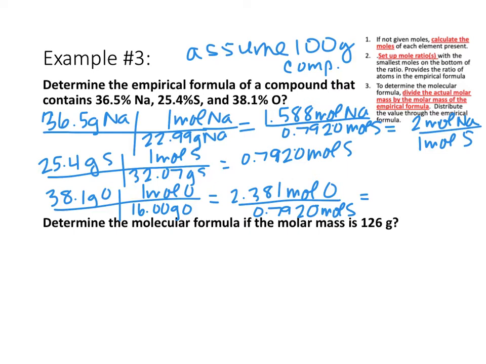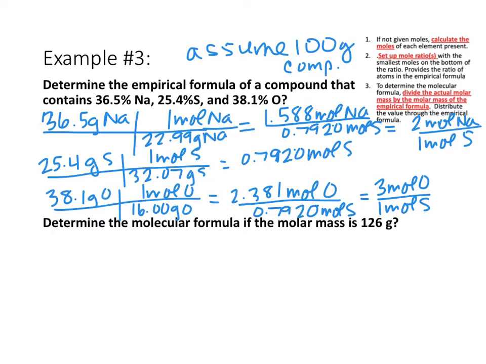All right, and now oxygen, 2.381 divided by 0.7920. And we have 3 moles of oxygen to every 1 mole of sulfur. So I could do a mole ratio of sulfur over sulfur, but it's going to be a 1-to-1.